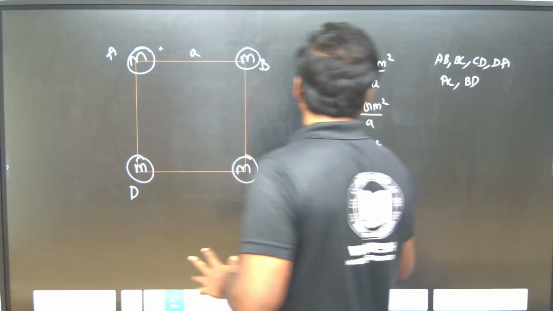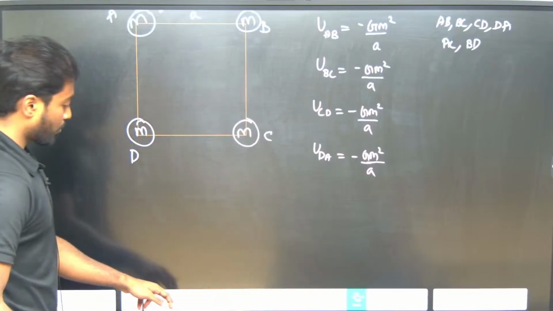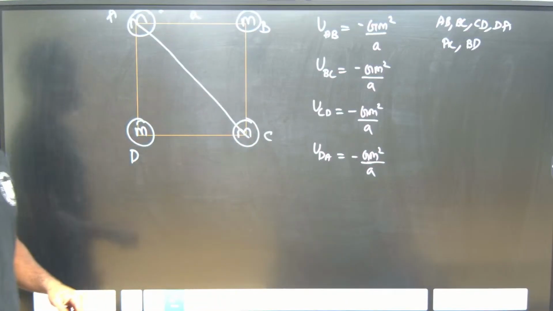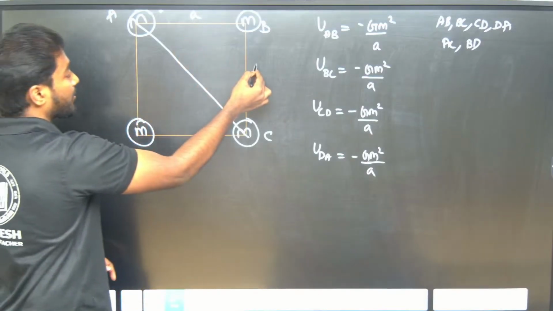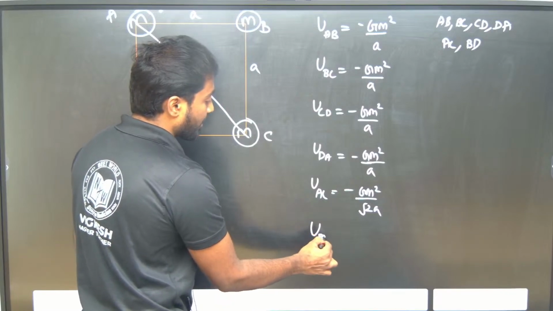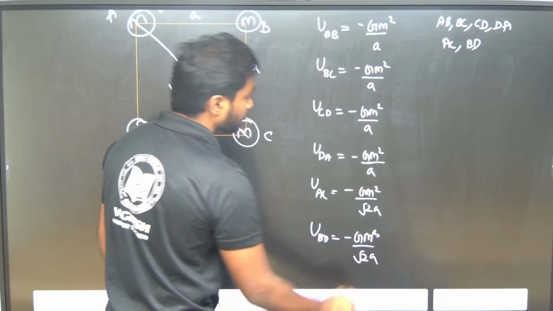Now I only need to write the formula for these two cases. What is the distance between A and C? If this side is a and this side is a, then the diagonal will be root 2 a. So UAC equals minus Gm square by root 2 a, and UBD equals minus Gm square by root 2 a.